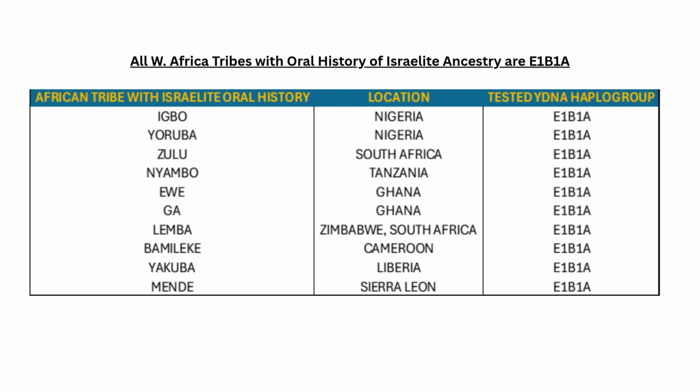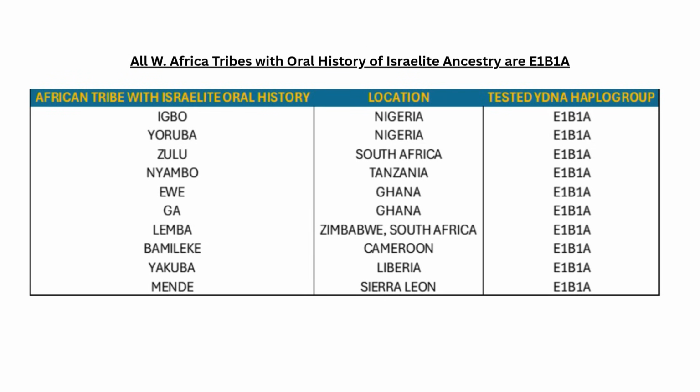Igbo, Yoruba, Zulu, Nyambo, Ewe, Ga, Lemba, Bamaleke, Yakuba, Mende, all of these tribes are tribes where there is very clear oral history from at least some subsection of the tribe of Israelite ancestry, and I've put here where the tribes are located, and they've all tested as having the most predominant Y haplogroup is E1B1A.